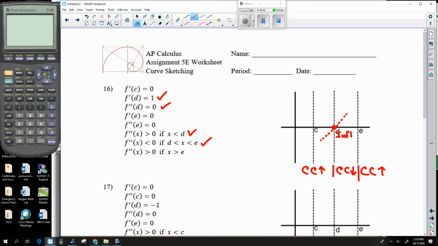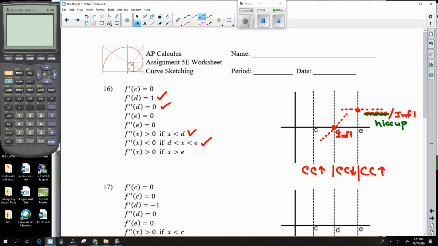So at E is a tangent and an inflection, so this is another one of those hiccups. So this is most likely a max, but not really, because this is a point of inflection. And so this is not a max, but rather a hiccup. And that's just my own made-up word.